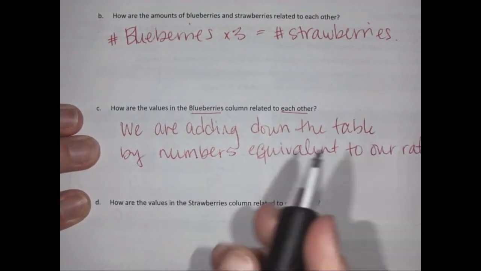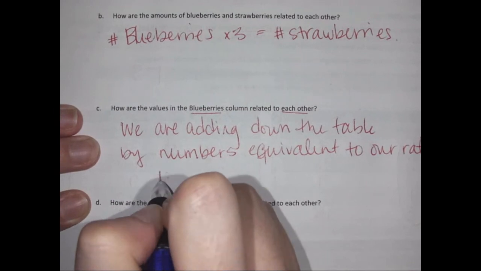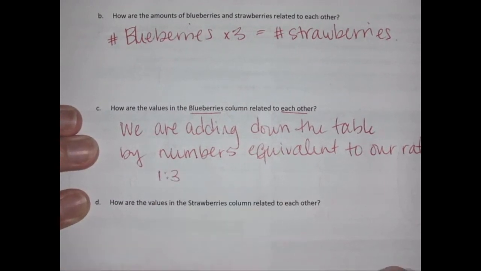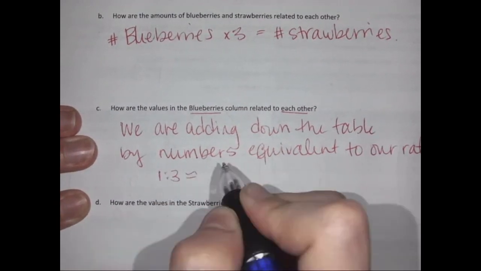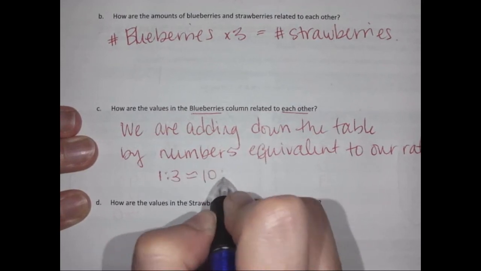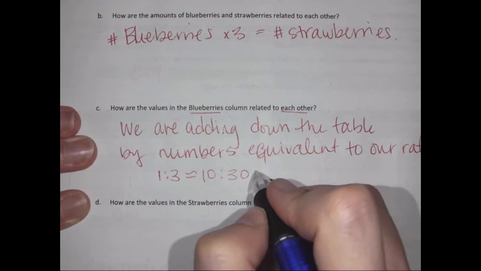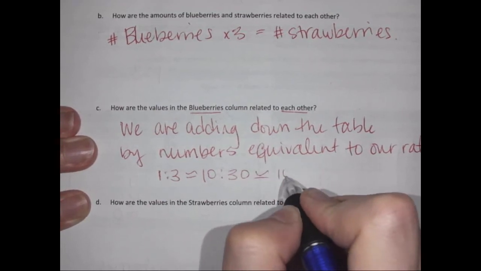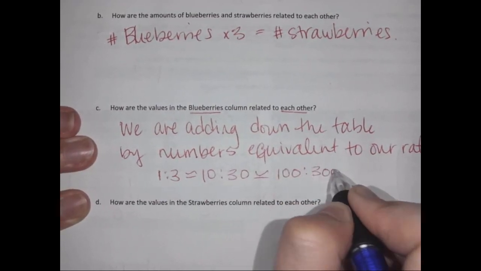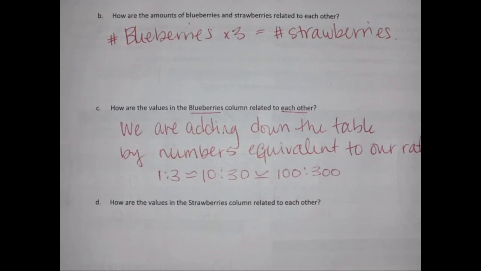Because 1 to 3, which was our ratio, is equivalent to 10 to 30, which we used in the second one. And in our third table, we used 100 to 300. We added as we went down.